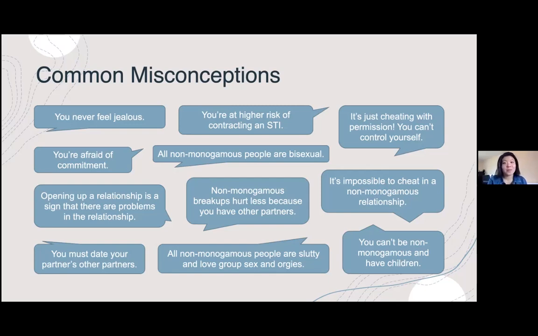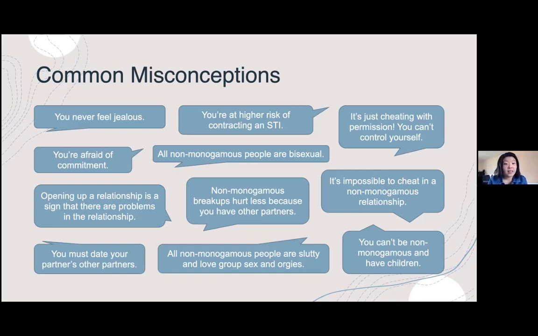When you're in a relationship, you care about the individual and you care about the connection that is unique and special to you. So whenever people engage in non-monogamy and open themselves up vulnerably to multiple connections, sometimes they do experience breakups, and that can hurt a lot.